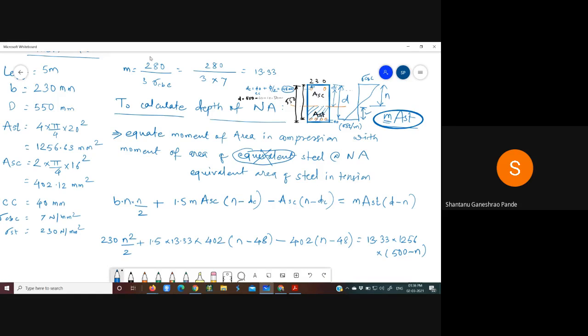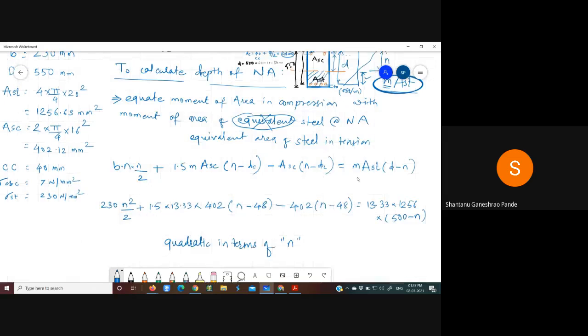Before that, you can get the value of modular ratio as 280 by 3 sigma CBC. Then to calculate the depth of actual neutral axis, you have to equate the moment of area in compression with the moment of equivalent area of steel in tension.